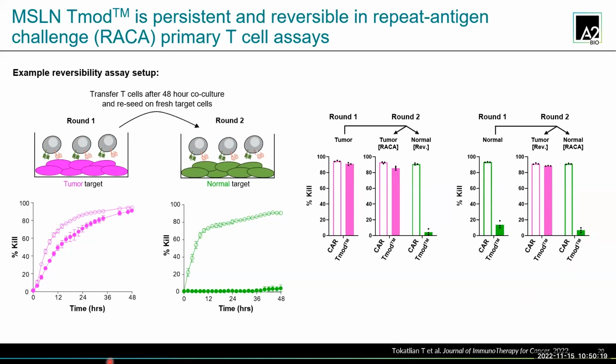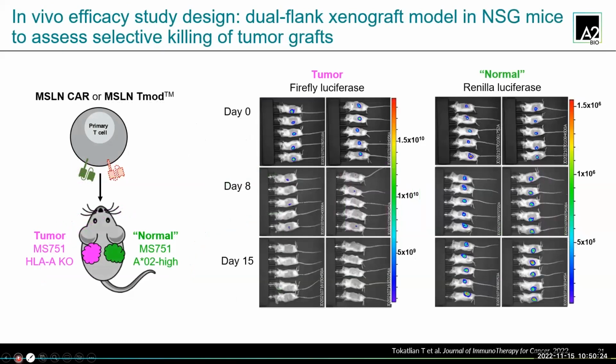We then tested mesothelin TMOD in vivo in a dual flank xenograft model in NSG mice, where every mouse had a cell type matched mesothelin positive A2 negative tumor graft and a mesothelin positive A2 positive normal graft.